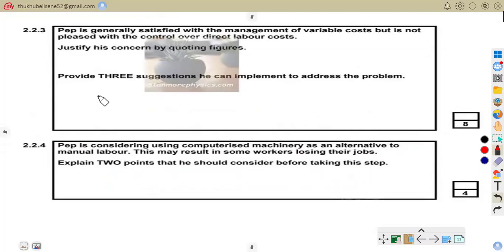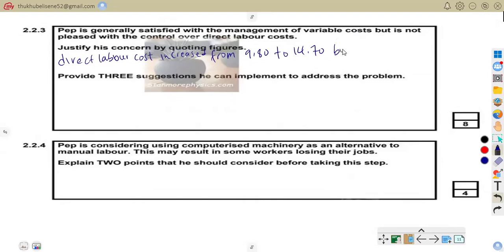2.23. We are to quote figures. So this is where we are going to say direct labor cost increased from R980 to R1470.